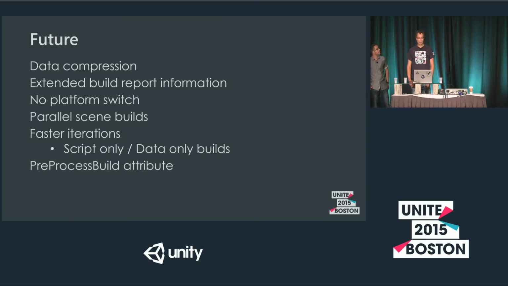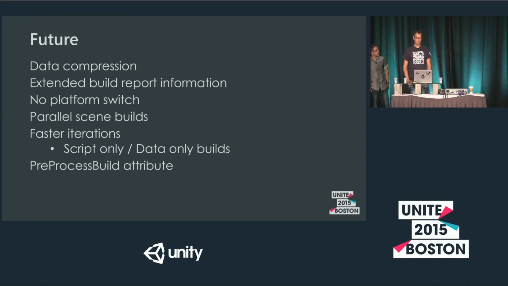So we want to eliminate platform switch, that comes from REST service asset import pipeline Rene mentioned before, and parallelize builds. So actually, right now we do it incrementally. Like we build scenes one by one, and we want to do it in parallel.